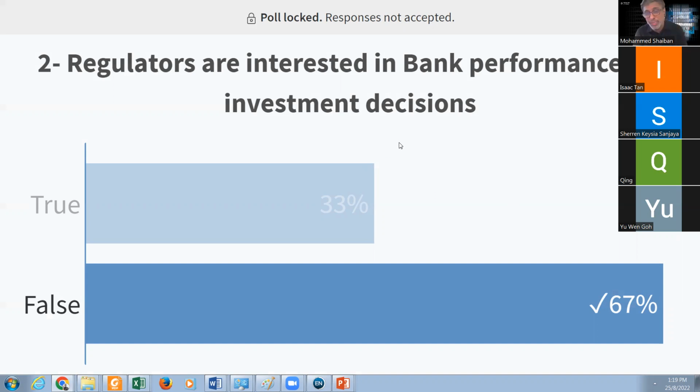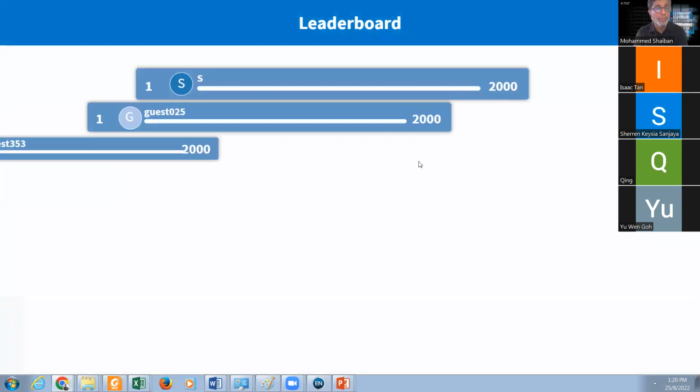So they are not interested in investing in us. They are interested to watch us and see that we are operating well. Please write this note: the regulators are interested to supervise and control the systemic risk by assuring that the bank is performing well and controlling the risk so it doesn't fail and damage the economy.